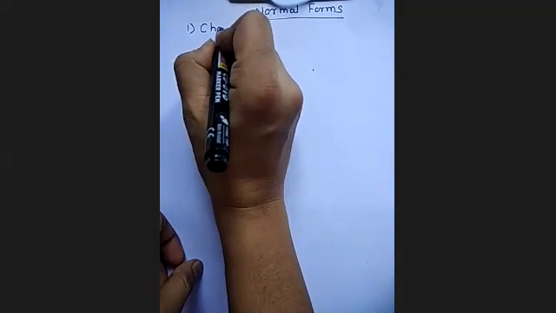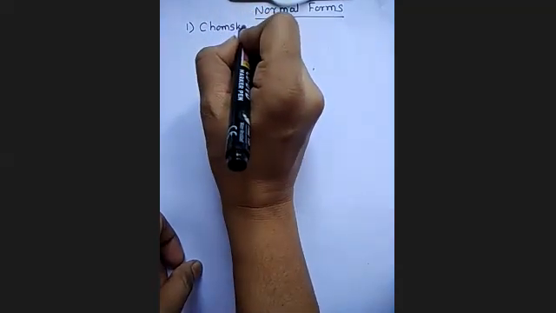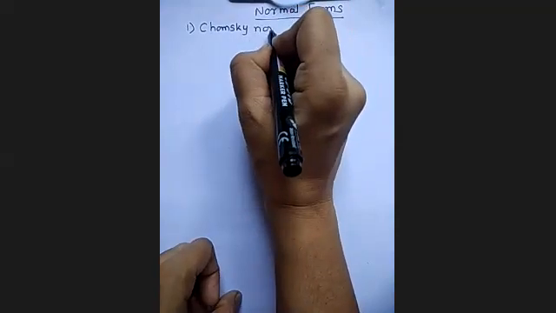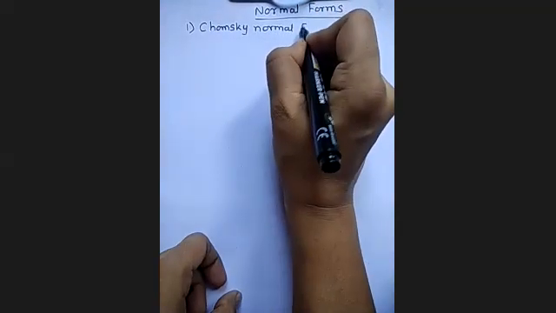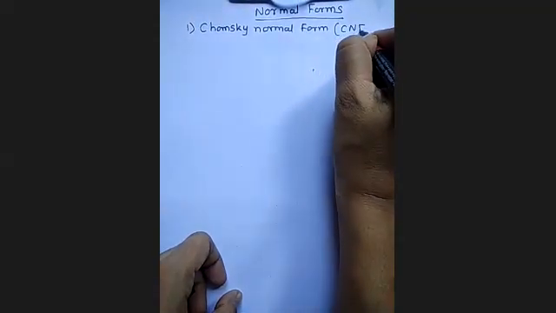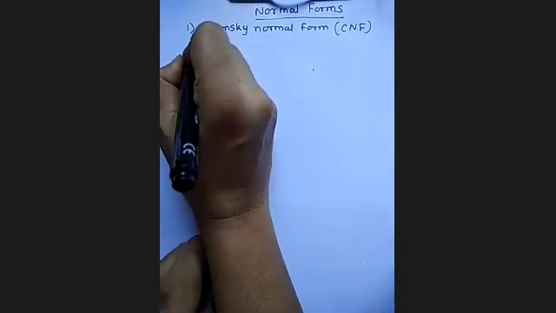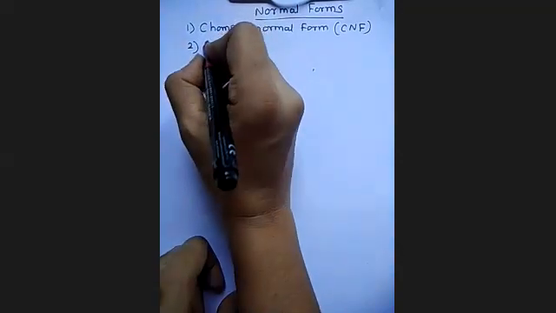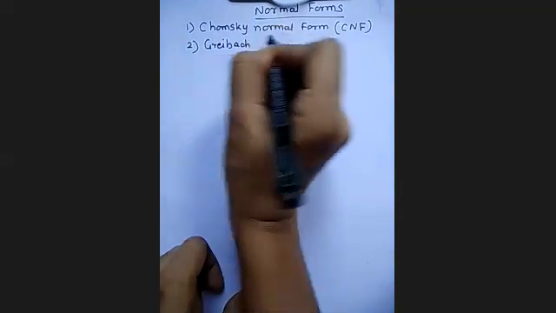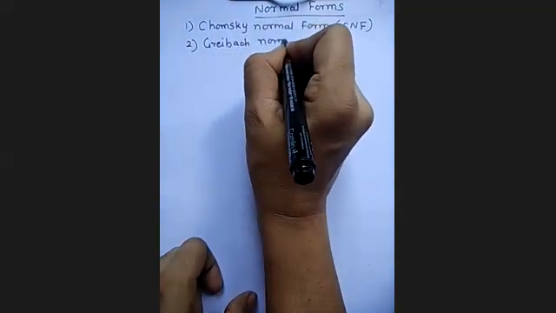The first one is Chomsky normal form. In short, I'll be saying CNF, Chomsky normal form. And the second one is Greibach normal form.